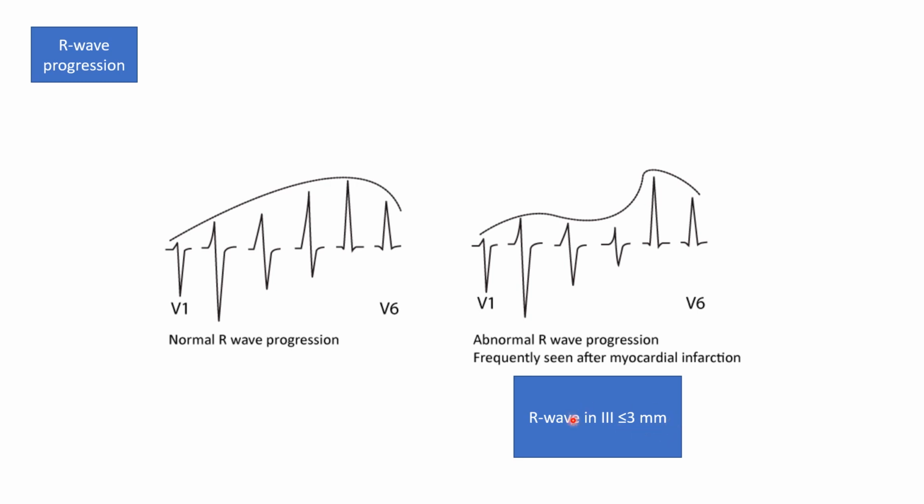But if you have an R wave in lead V3 that is below 3 millimeters, then that could be counted as poor R wave progression. There are different criteria for that, but usually we look at that line, and if it's very obviously bad like here, then that's poor R wave progression.